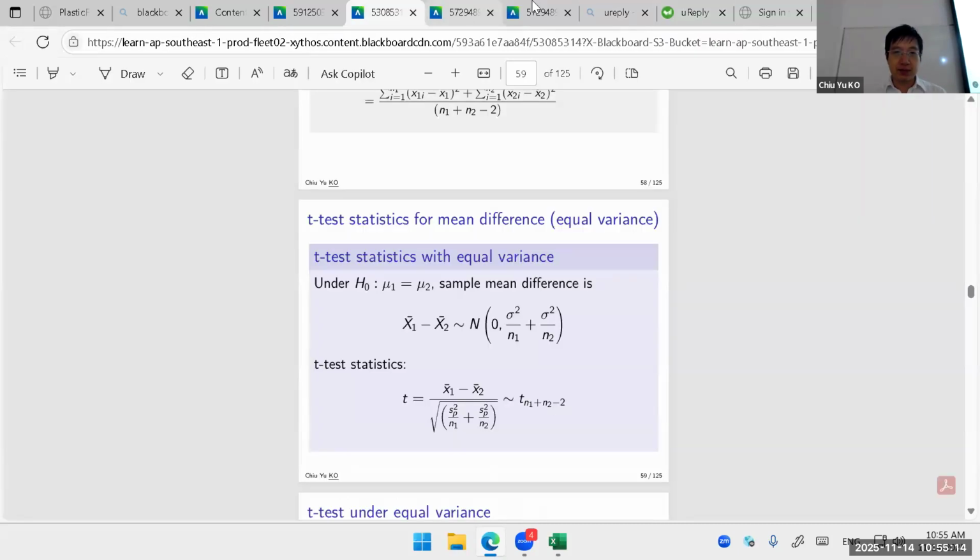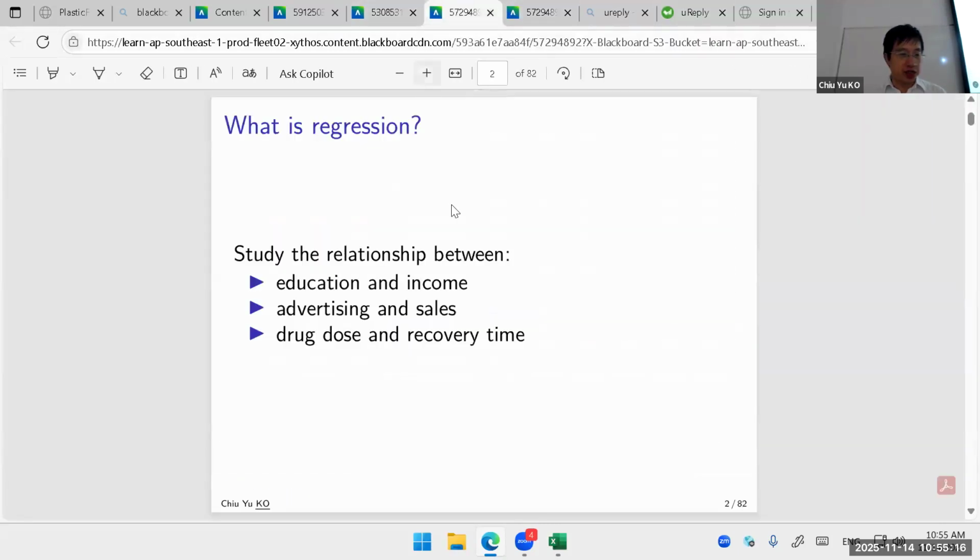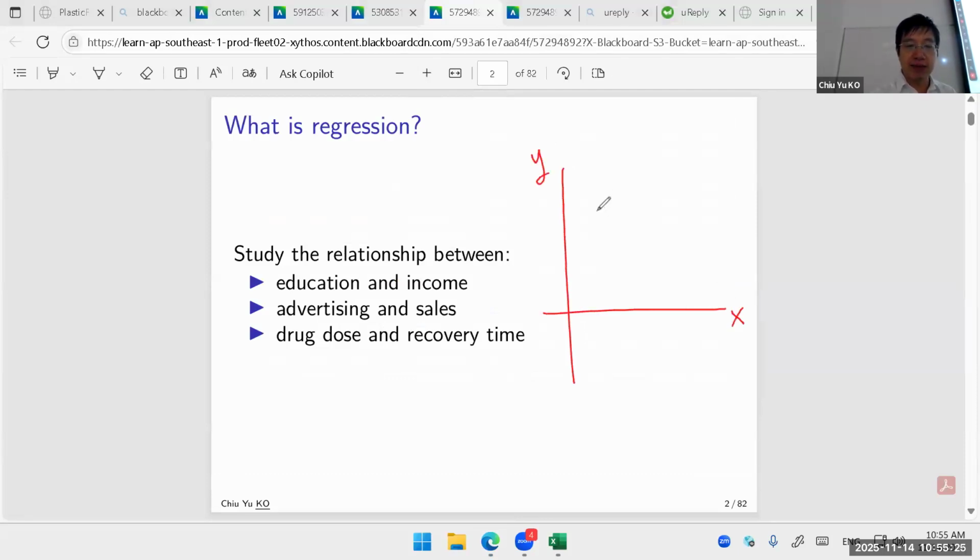Then let's continue our journey on regression. Remember, before the break, what we are going to do is the following. Just to remind you, with data x, y can be plotted in a scatter plot. The goal is to find a line with intercept A and slope B. Once we have that, the line will be y equal to A plus bx.